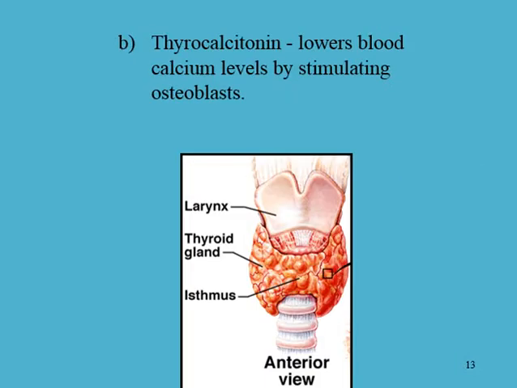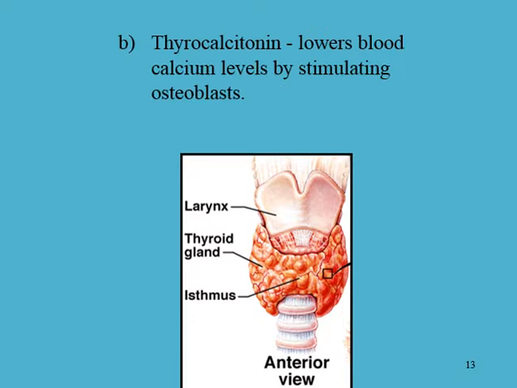Okay. Well, there's another hormone that comes from the thyroid, thyrocalcitonin, that isn't involved in metabolic rate. It's involved with calcium. Oftentimes people shorten this. They won't call it thyrocalcitonin, they'll just call it calcitonin. But I like to call it thyrocalcitonin to help you remember where it comes from. Of course, it comes from the thyroid gland.